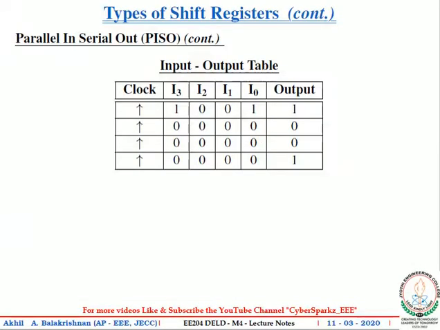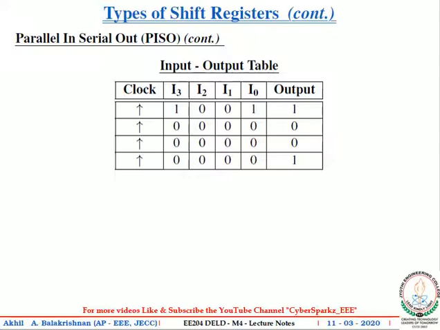Let's have the input output table of a PISO shift register. In the first clock pulse, we are providing the input parallelly. So I3, I2, I1, I0 are your 4 bits, that is 1001. And you will be obtaining the last bit I0 as the output itself. And for the remaining 3 clock pulses, we are making the input bits 0, because once we have loaded data into the flip-flops, then for the remaining n-1 clock pulses, we have to make the input 0.